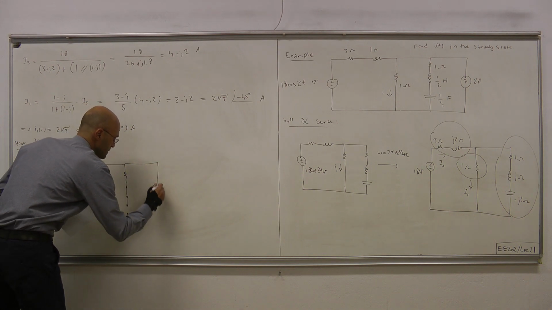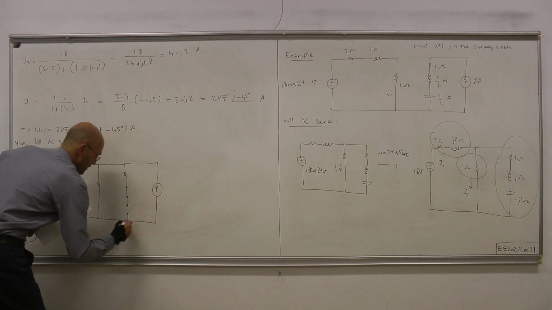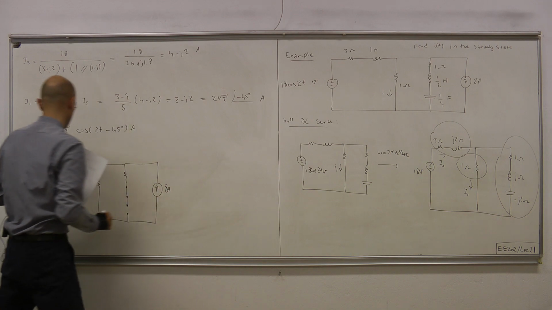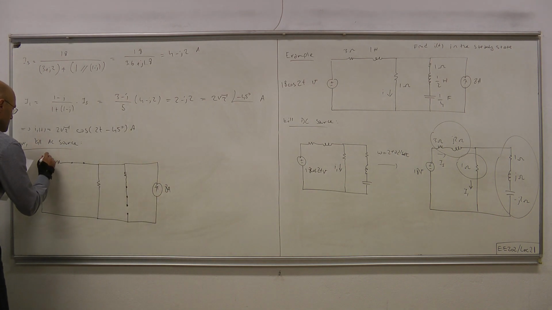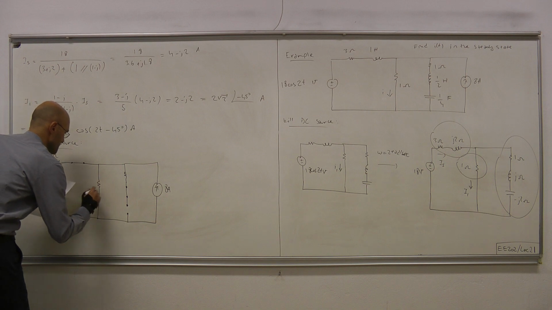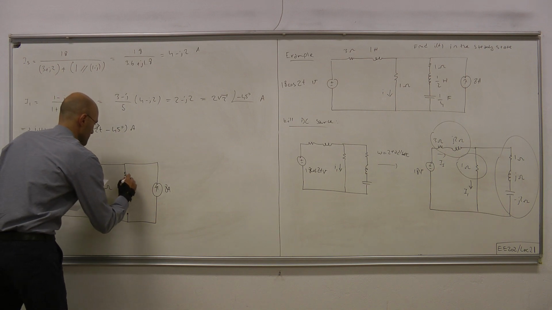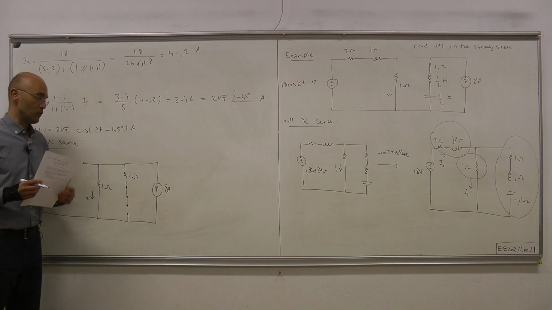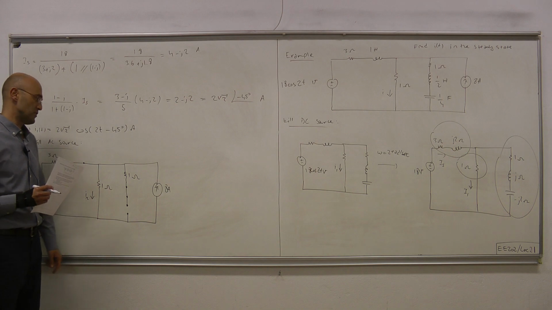And this is the input that's driving the circuit at 8 amps. This is 3 ohms, this is 1 ohm, this is 1 ohm. And what we're interested in is this current flowing through this 1 ohm resistor.